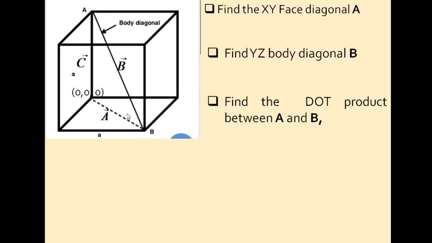So let us say this is the origin and these are the coordinates of your unit cell. You have a vector A and a vector B, and you need to find the angle between them.